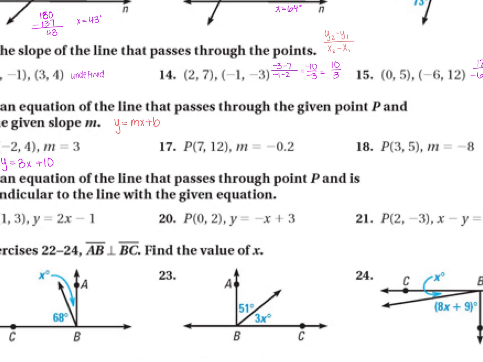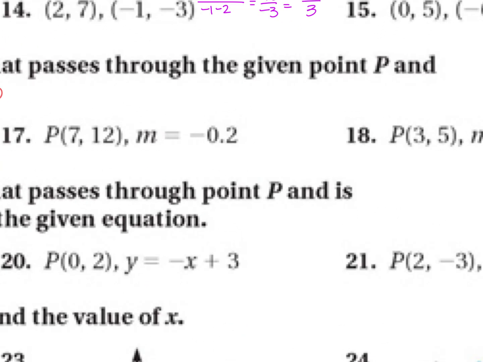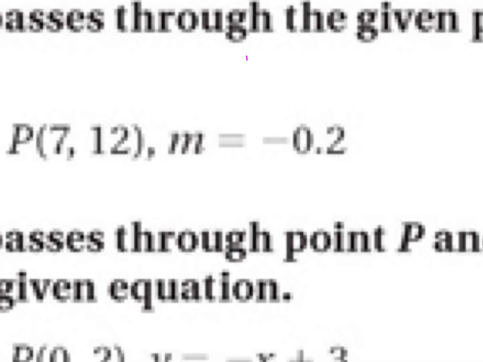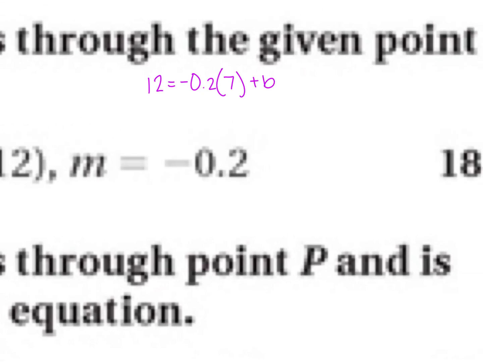All right, 17. Let's see if I could squeeze it right here. I'm going to have my y, which is 12, equals my m, which is -0.2, times my x, which is 7, plus my b. Solving this, I'm going to get 12 equals -1.4 plus b.